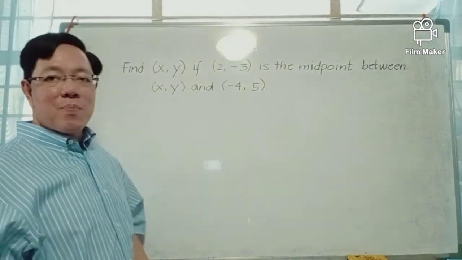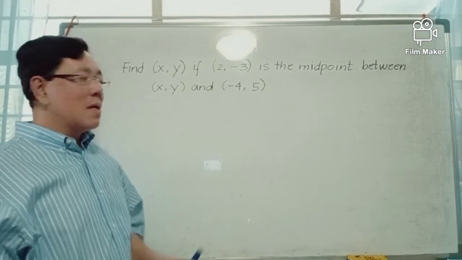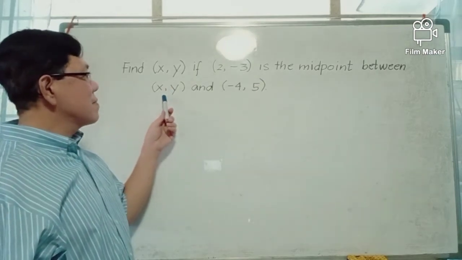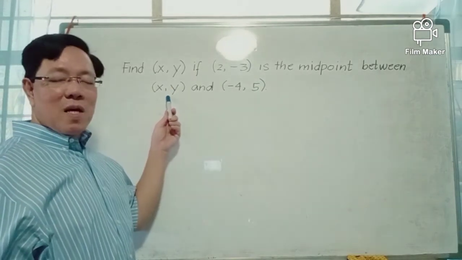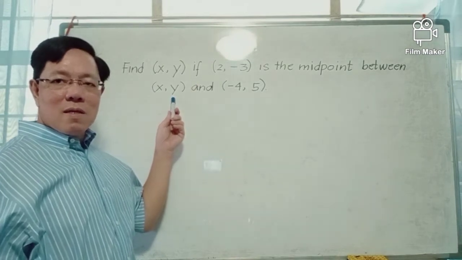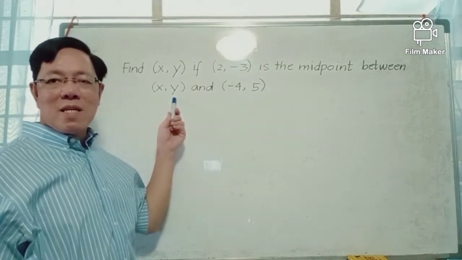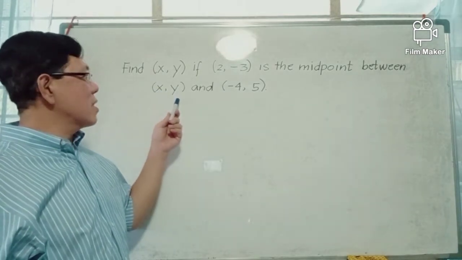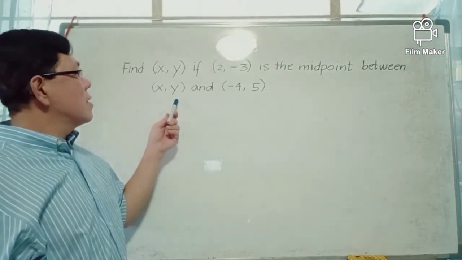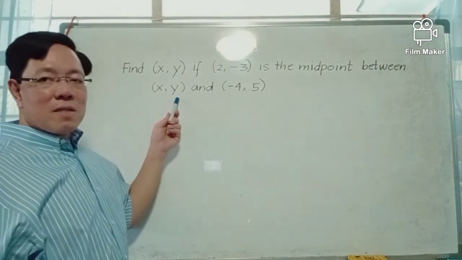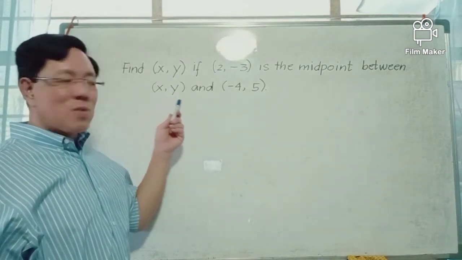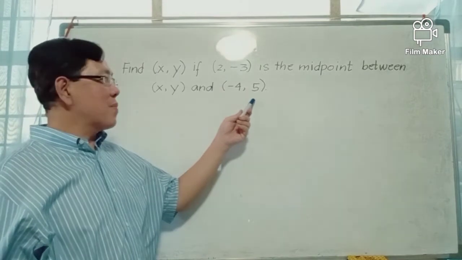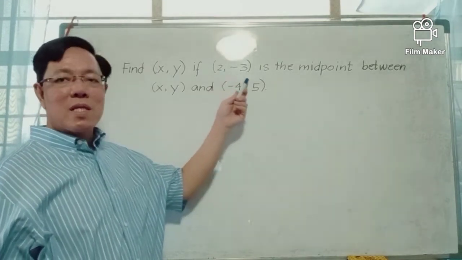We have 3 points given here, but one of them is a point whose coordinates are unknown, and we want to find the coordinates of this point (x, y). And the midpoint between the point (x, y) and the point (-4, 5) is the point (2, -3).